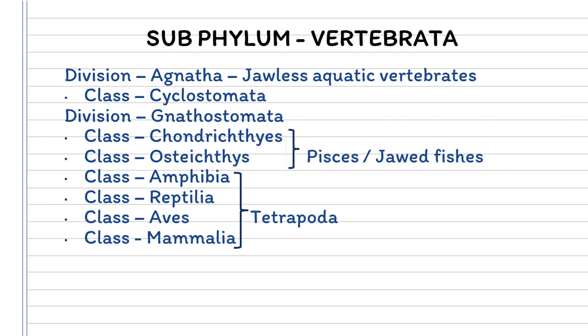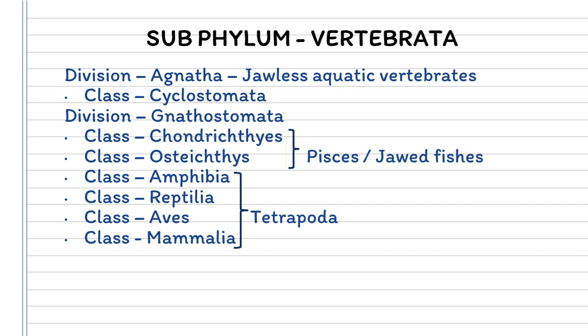And the next 6 classes belong to the division Gnathostomata. Here the jaw will be there. These are also aquatic vertebrates, and they consist of a jaw. Not all these classes are aquatic.